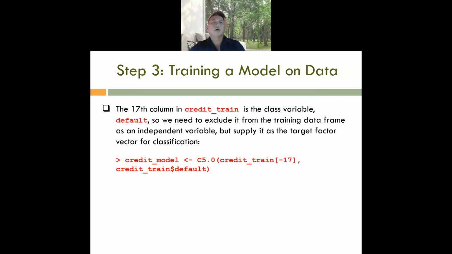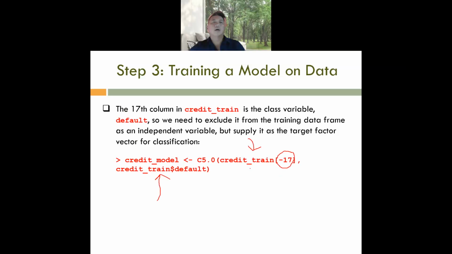Okay, so I will give it all the data I have except the last column, because the last column is the default column, the class label. We do not want to have that one there, because we will put it in here.